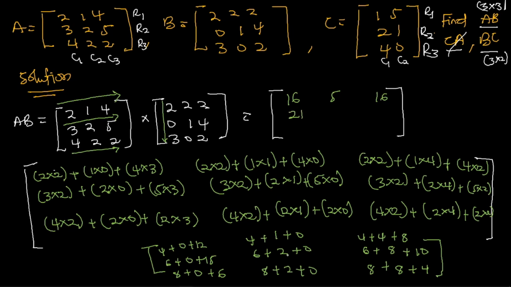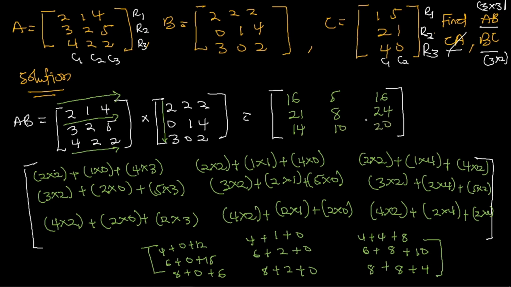We add 6 plus 2, that is 8, and then we add 6 plus 8 plus 10, that is going to give us 24. If we add 8 plus 0 plus 6, we are going to get 14. If we add 8 plus 2 plus 0, we are going to get 10, and if we add 8 plus 4, we are going to get 20.